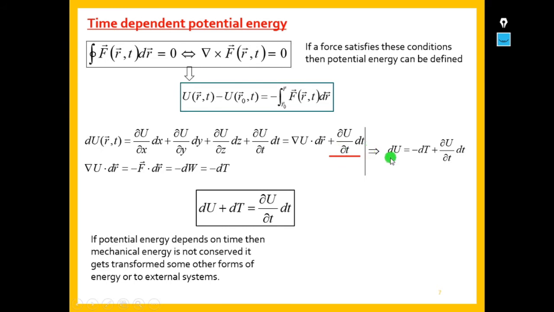This implies dU can be written as minus dW plus ∂U/∂t into dt, whereas grad U·dr is equal to, we know, minus F·dr. Minus F·dr, because potential energy is also written in terms of minus of force. So minus F·dr is equal to minus work, that is dW, which in turn is equal to minus dW. So hence in place of grad U·dr we have substituted minus dW.